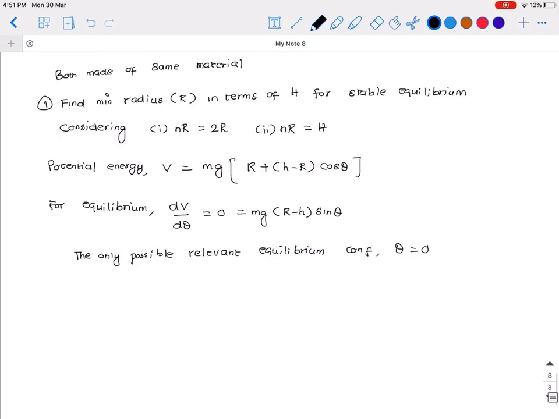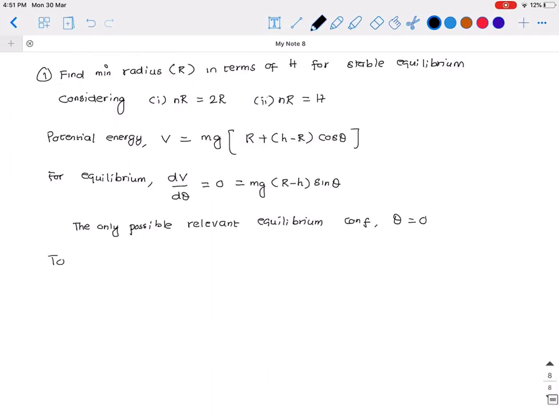So to investigate its stability, we need to see d square V by d theta square for theta equal to 0. Okay, which is mg (r minus h) cosine 0, which should be greater than 0.